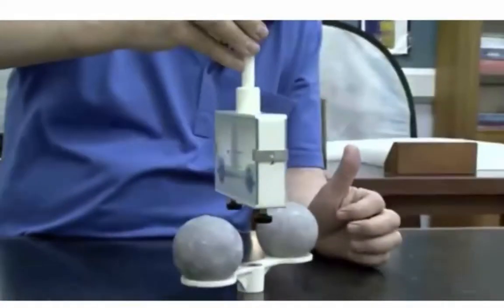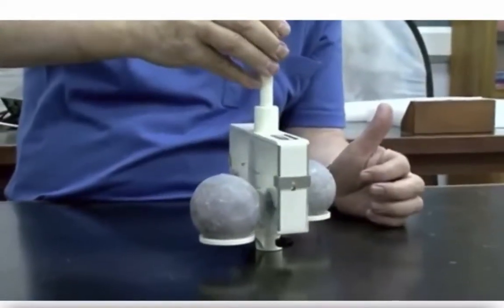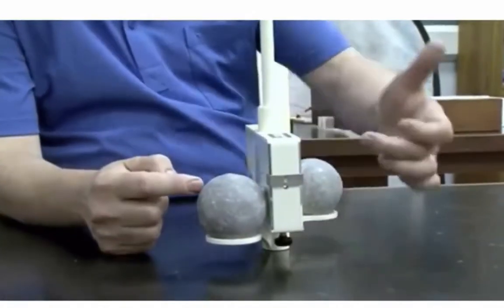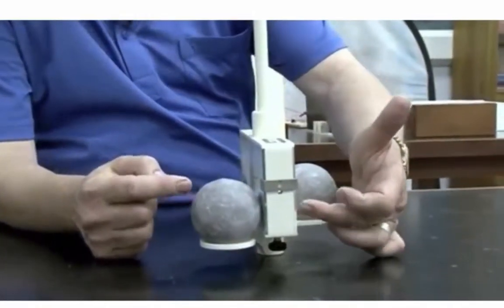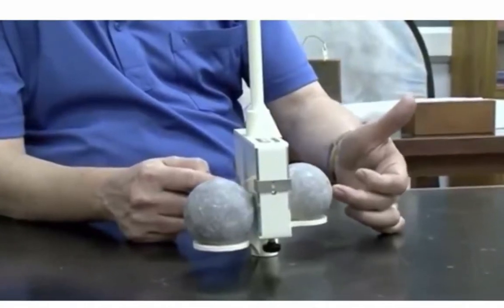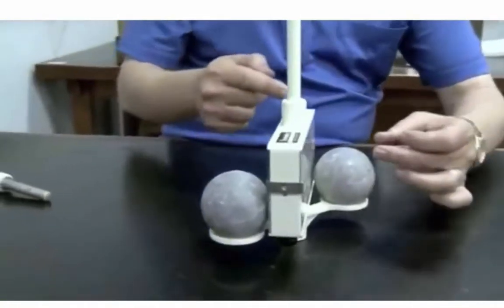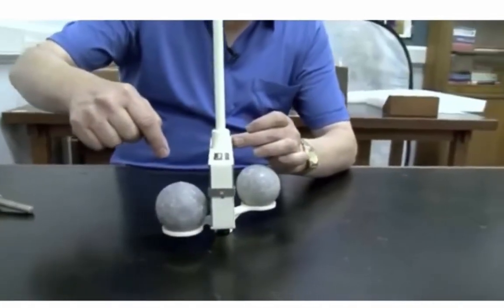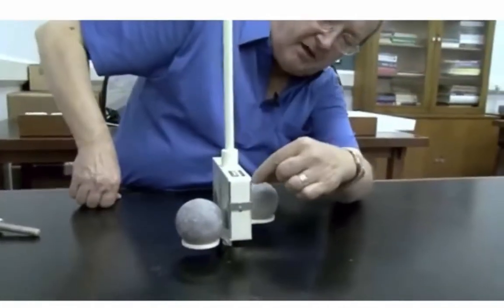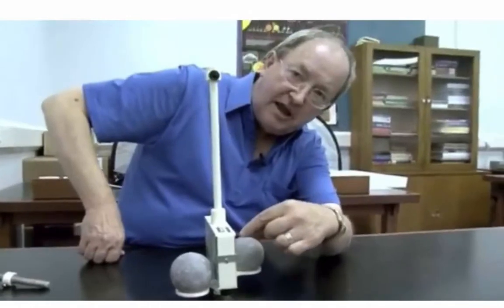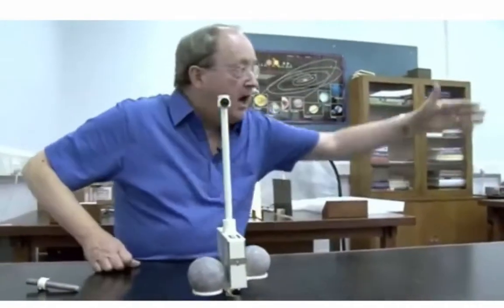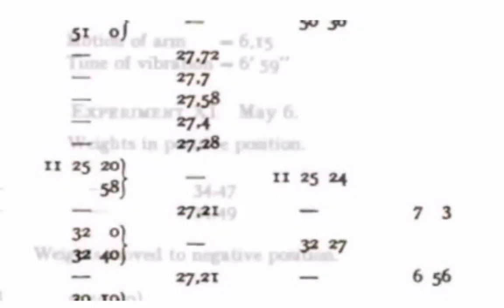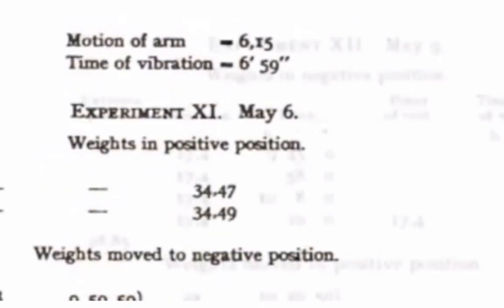So you'd set it up like this in his shed, and this lead ball would attract that lead ball, and this lead ball would attract this one, and so it would be pushed a little bit this way and twist the wire, and that would be pushed a little bit that way, and the wire would twist, and as the wire twists, the mirror which is dangling in there would twist a little bit, and light which comes in would be reflected off at a slightly different angle, and all he had to do was measure the angle.